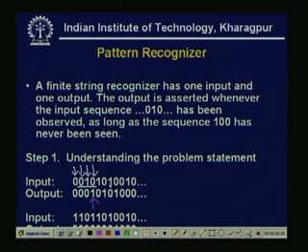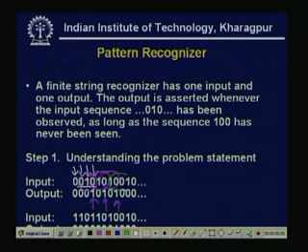Similarly, 1 0 1, so now 1 0 1 0 has arrived. That means this is a 0 1 0, this is a 0 1 0, this is a 0 1 0. Now, see, 1 1 0 0 has arrived.